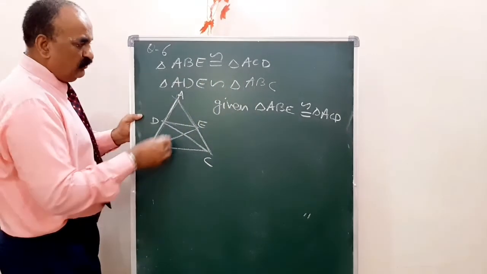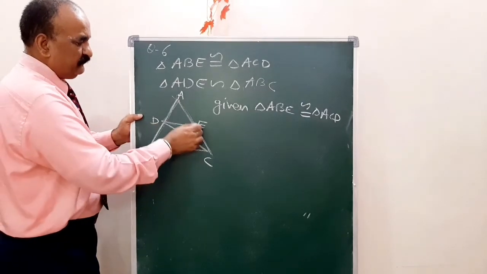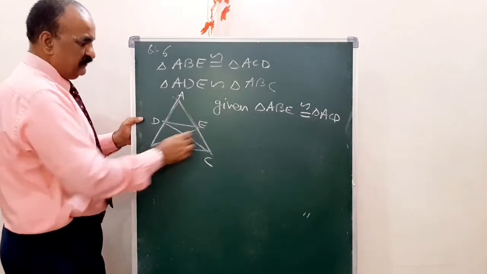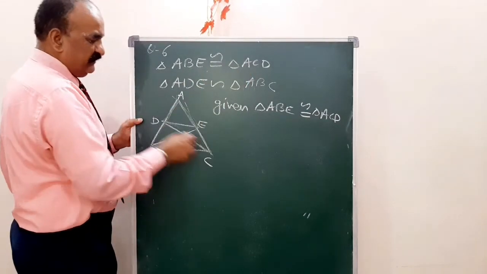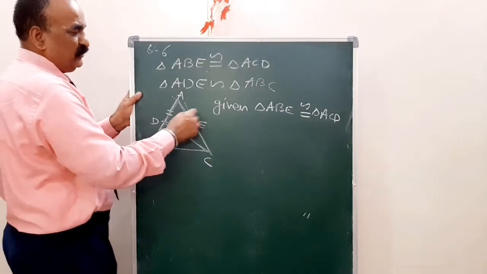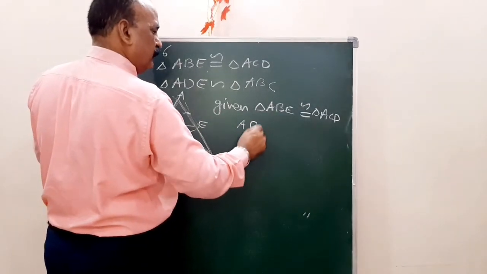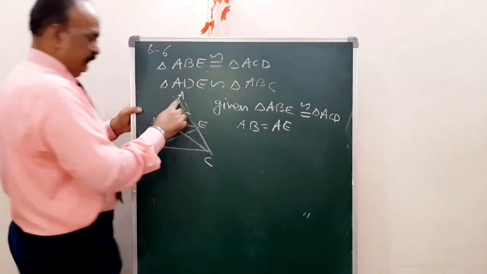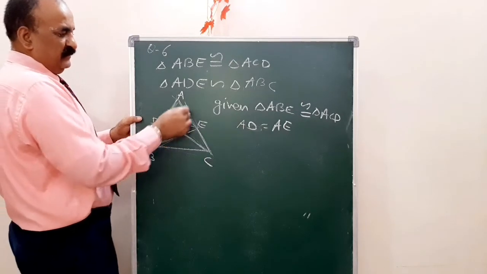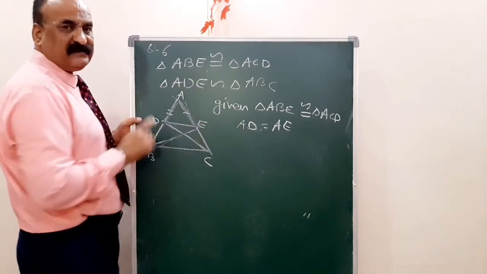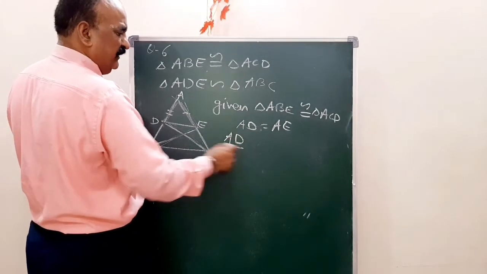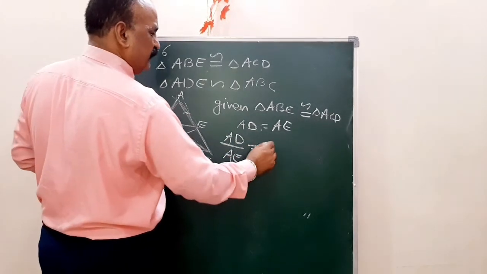Once triangle ABE is congruent to triangle ACD, it means all their parts are equal. AD is equal to AE because the triangles are congruent. So you can write AD upon AE is equal to 1.